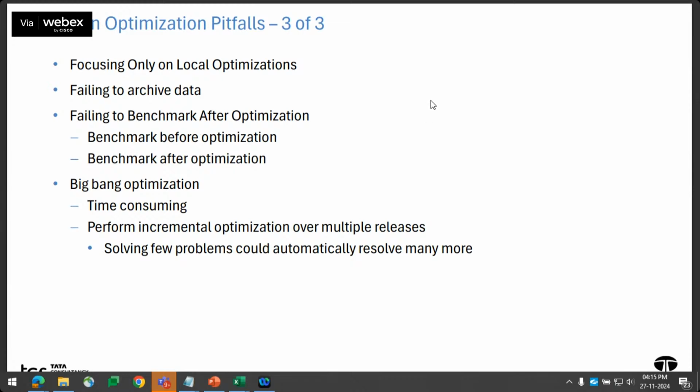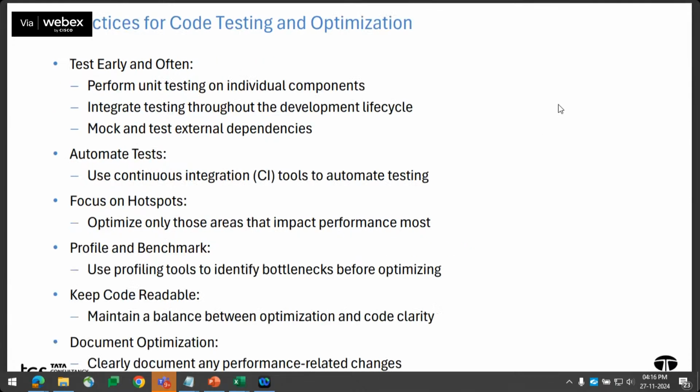The first objective would be to identify the major bottlenecks, try to resolve those, and then see what comes up next and resolve that. So this cycle could keep continuing. These are all the best practices for code testing and optimization.